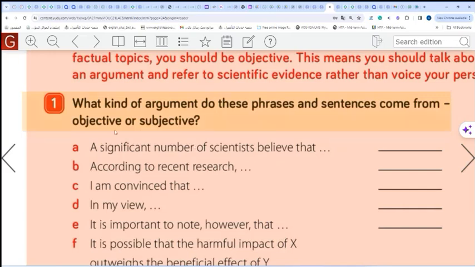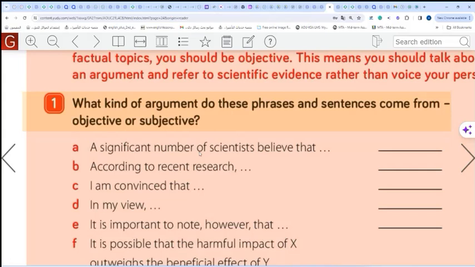Is this an objective argument or a subjective argument? Again, a significant number of scientists believe that. So it's not my own point of view. It's based on facts and based on the scientists' points of view.